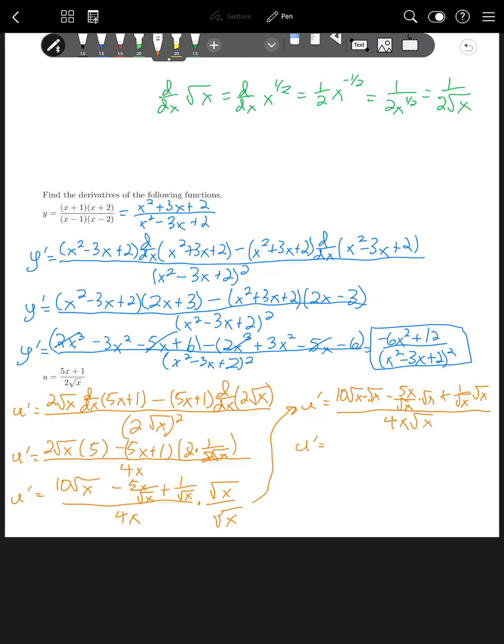So u prime is 10x minus 5x plus 1 over 4x root x, which is y prime is 5x plus 1 over 4x root x.